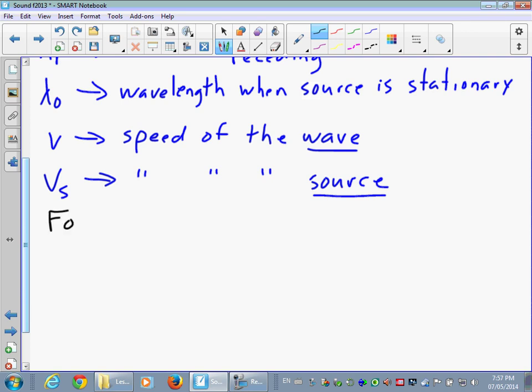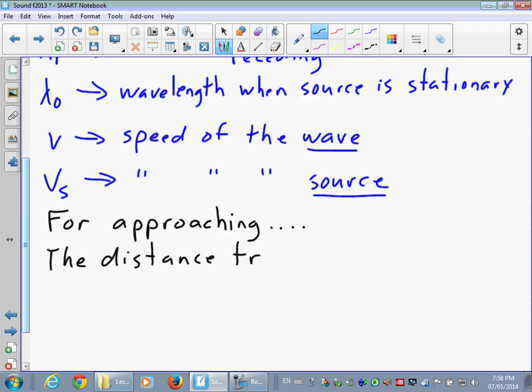So for an approaching source, let's look at the distance traveled by the source in one period.